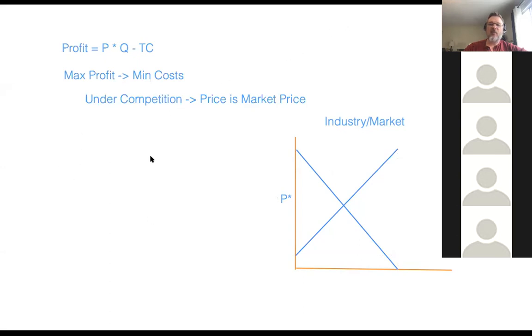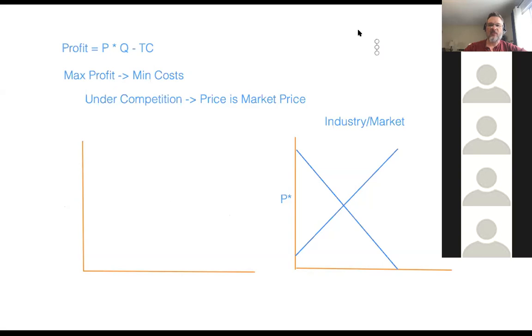And then on the firm side, here's the firm's quantity, and I don't have an option here to draw something that's dashed.